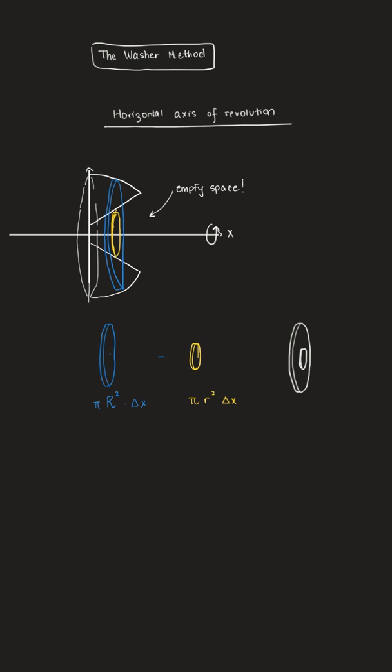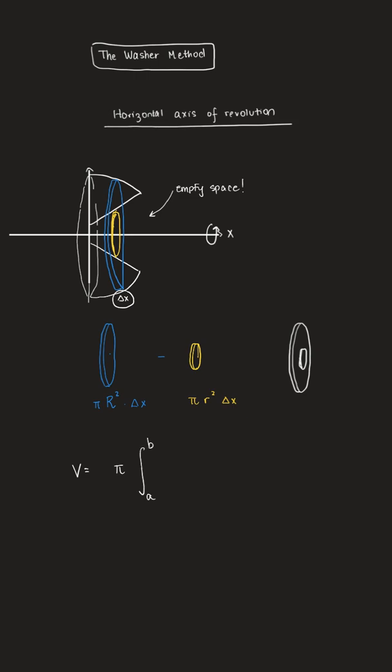So what does the formula look like? Obviously, we're going to do the integral still. We add up all of these washers, and we take the limit as delta x goes to 0, and we get the volume of a washer. We can factor out the pi. We're going to have the integral from a to b.